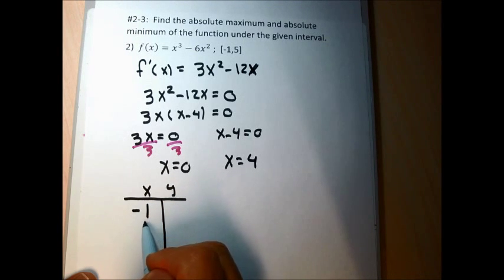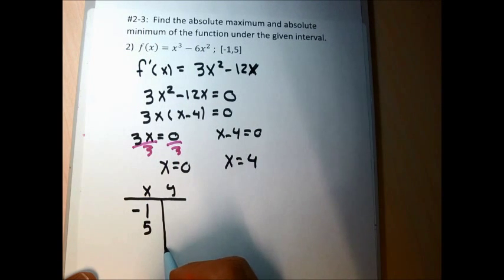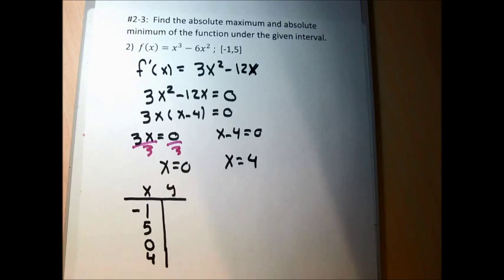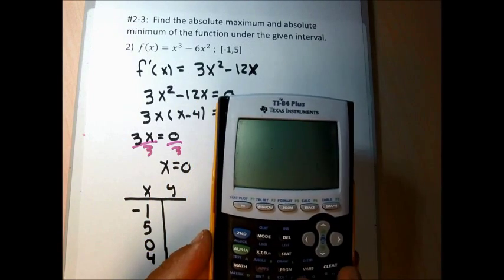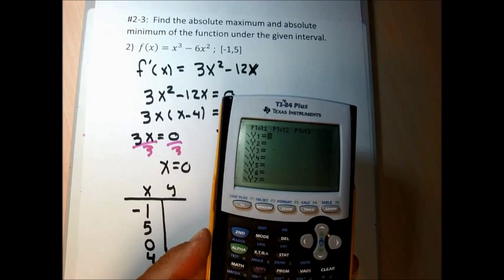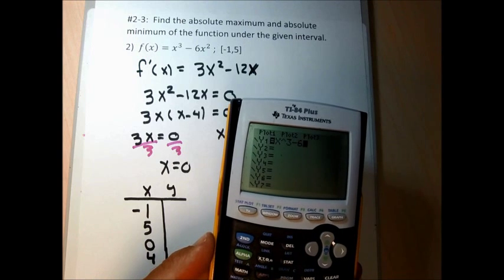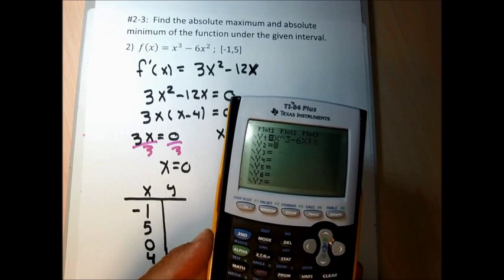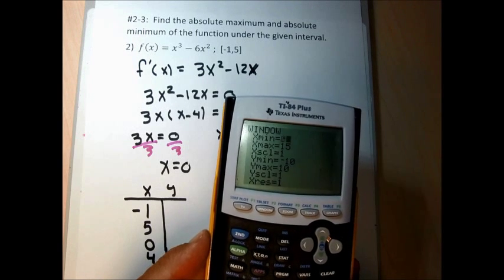I usually put the first two numbers as the numbers given in the interval, and then beneath them I put any critical number that's in that range, and both 0 and 4 are in that range. And then what I was doing is getting the y values, and usually I turn my calculator on, get to the y equals screen, graph the function, set my window up to accommodate the beginning number.